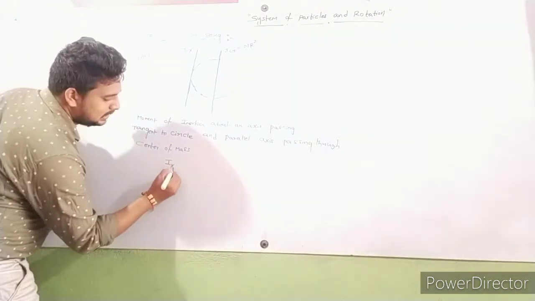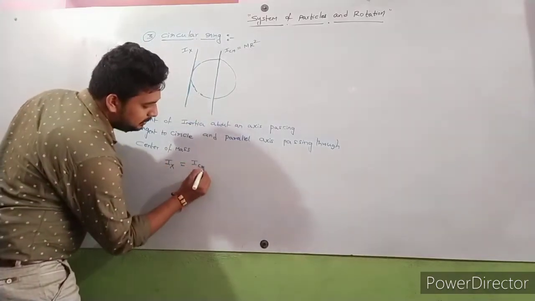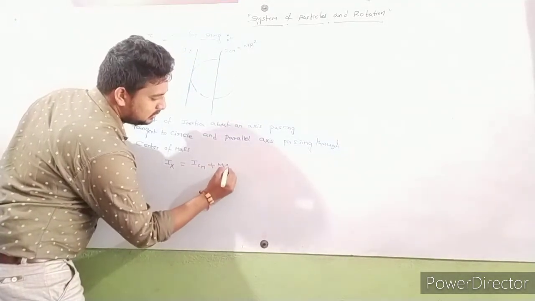So then Ix is equal to ICM plus mr square.